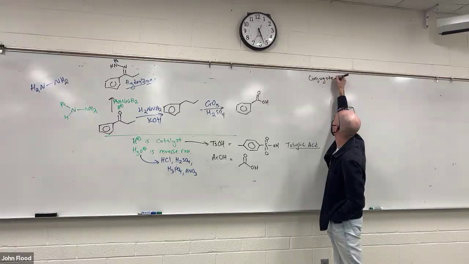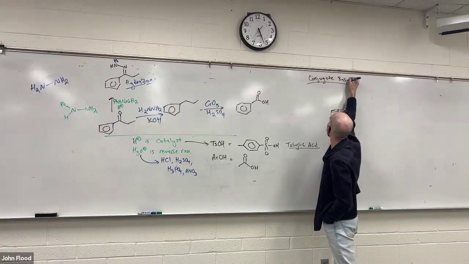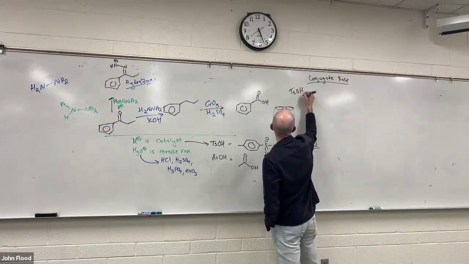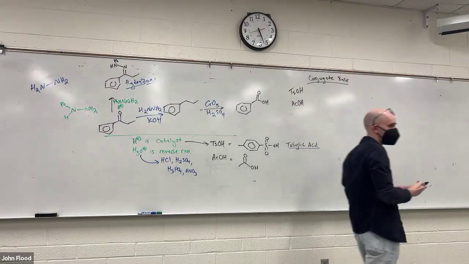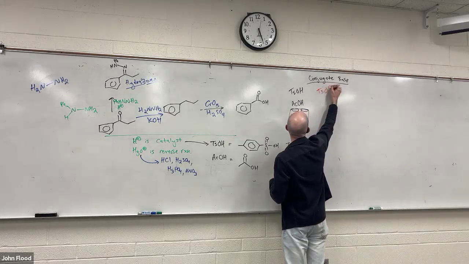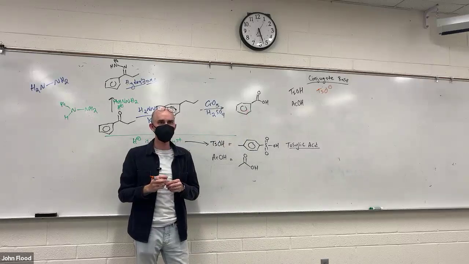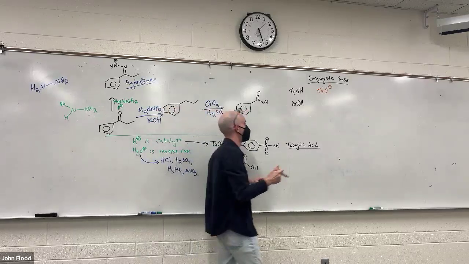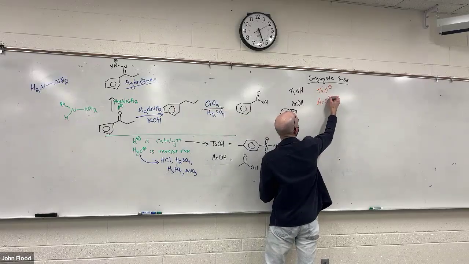What is the conjugate base for TsOH and AcOH? Conjugate base of TsOH? Good. Source of H+, so conjugate base is TsO minus. Acetic acid? AcOH, sorry, AcO minus, acetate.